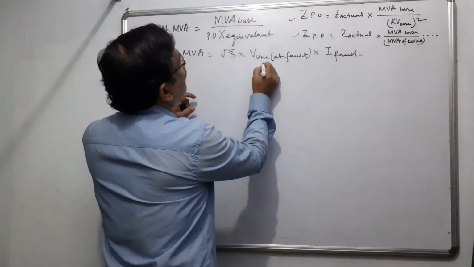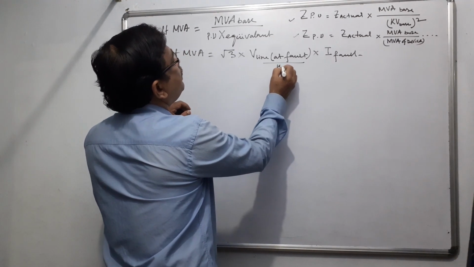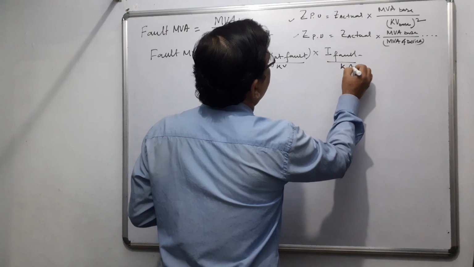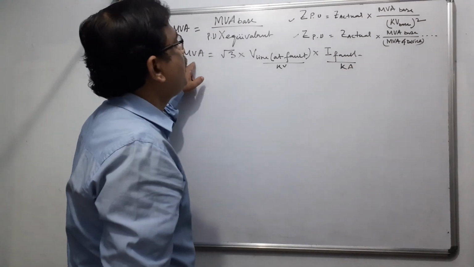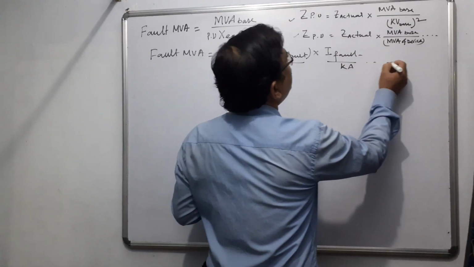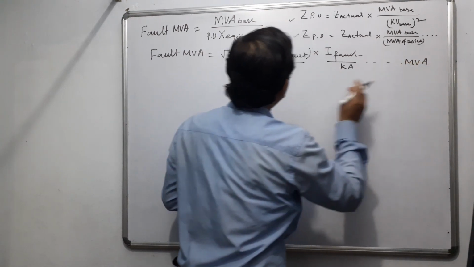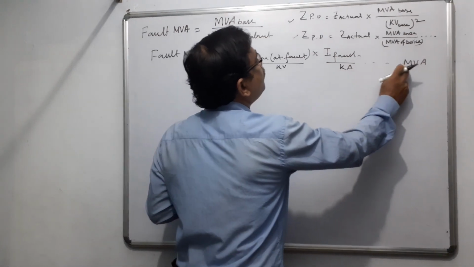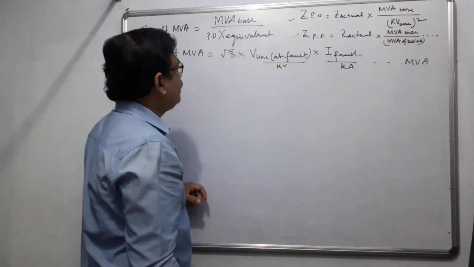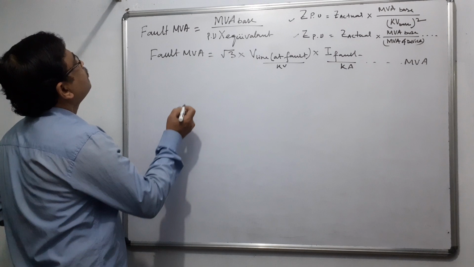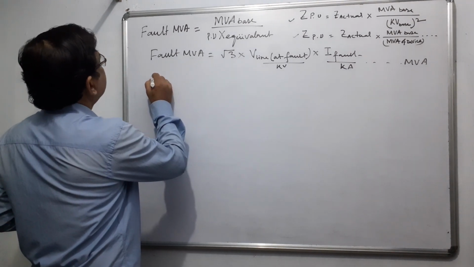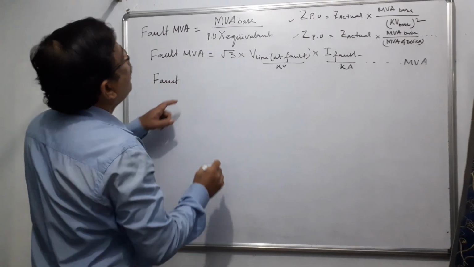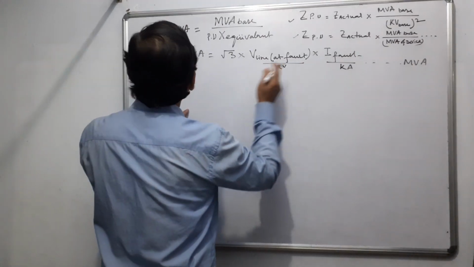Now, if this line voltage is in kV and fault current in kiloamps, then only its unit will be in MVA. If it is kV and amps, it will be kVA. From this we can find out fault current.